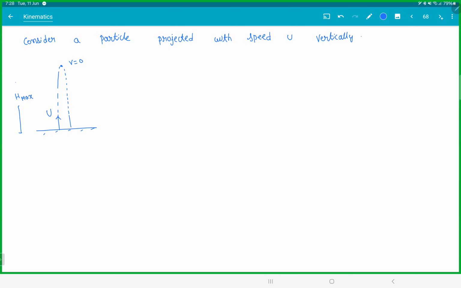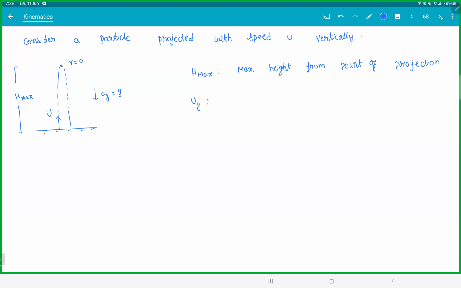This is called h max. This we will define as a_y, which is g, the subscript. So h max is the maximum height from the point of projection. Then we will define something called u subscript y.